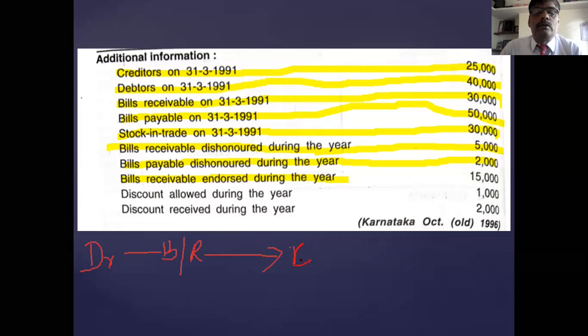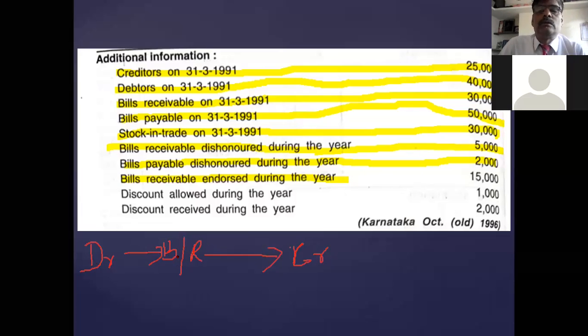If this bill is given to a creditor, it is first received from the debtor. Debtor gives the bills receivable. So it is recorded in the debtor's account credit side and bills receivable account debit side.